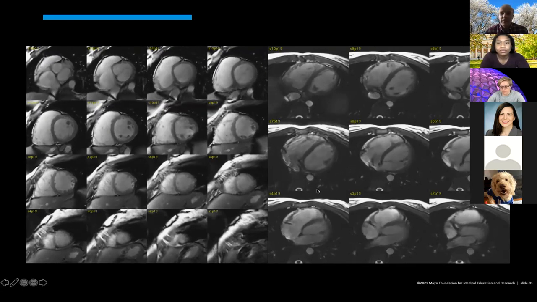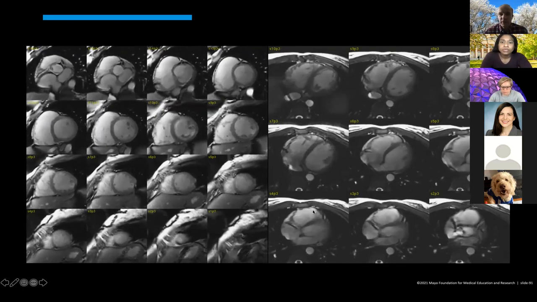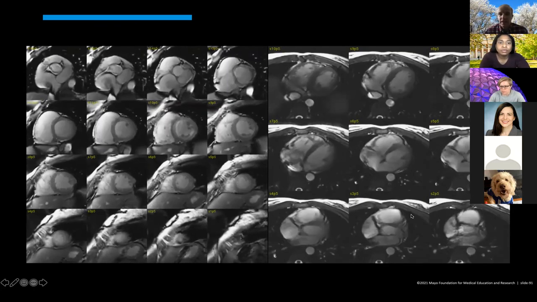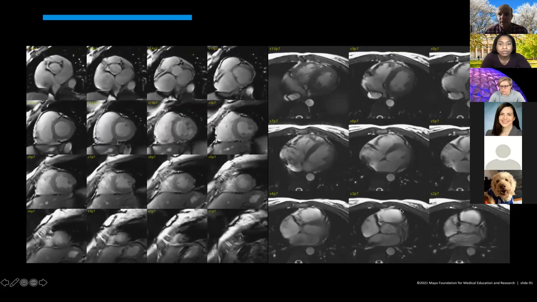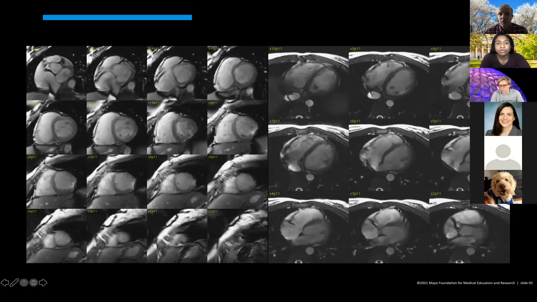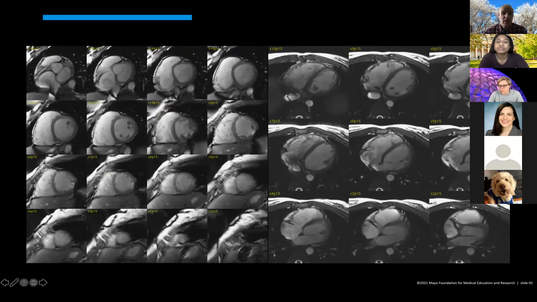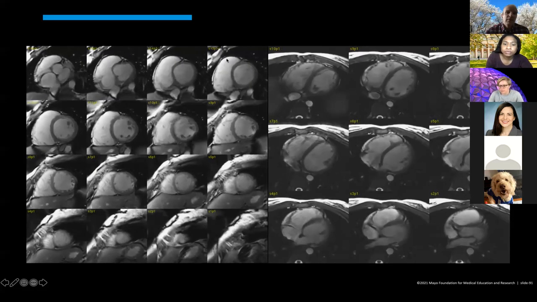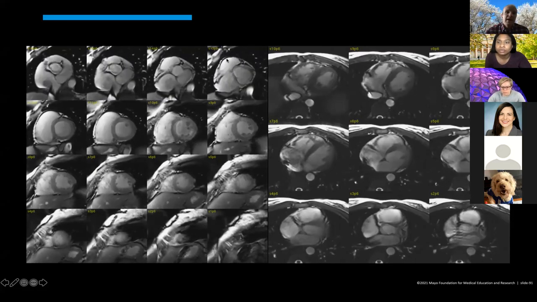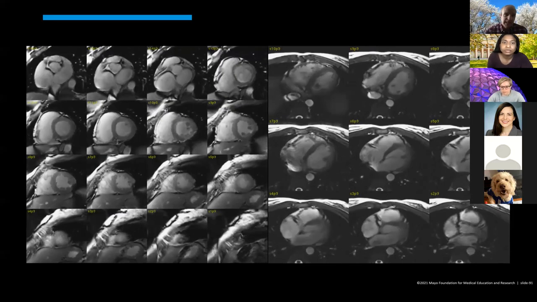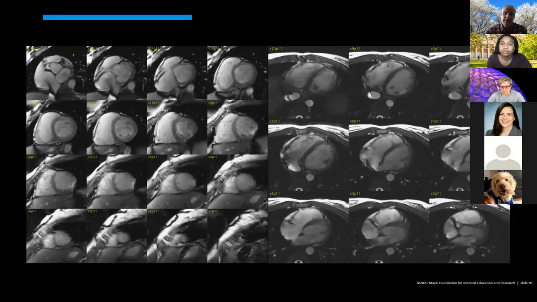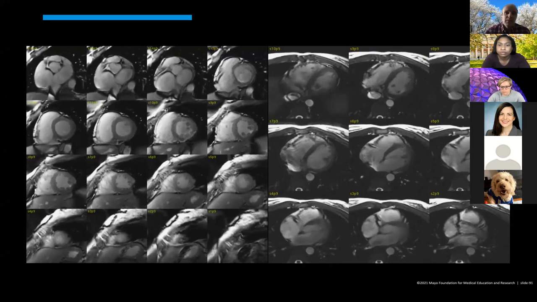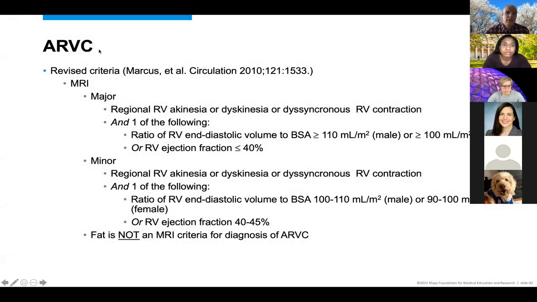And if you look closely here near the right ventricular outflow tract, there is an area of right ventricle that is dyskinetic or bulging out. This is where it is on the short axis view. This part of the right ventricular outflow tract is not squeezing in, it is bulging out, so it's dyskinetic. So this is a patient with arrhythmogenic right ventricular cardiomyopathy.